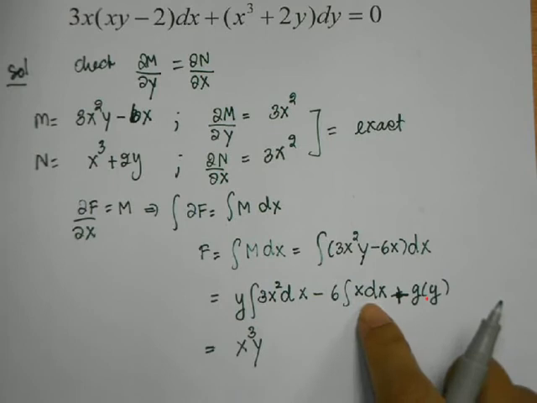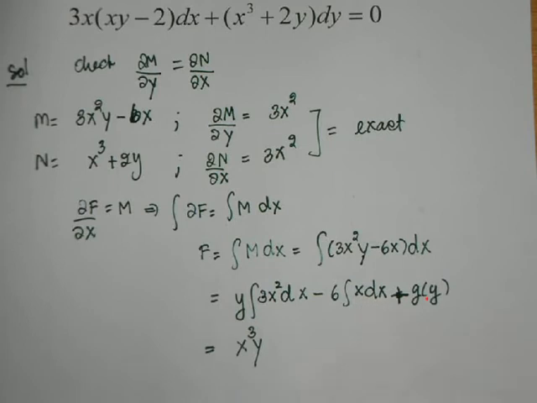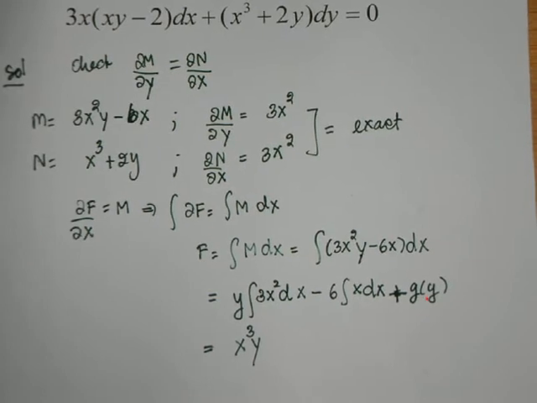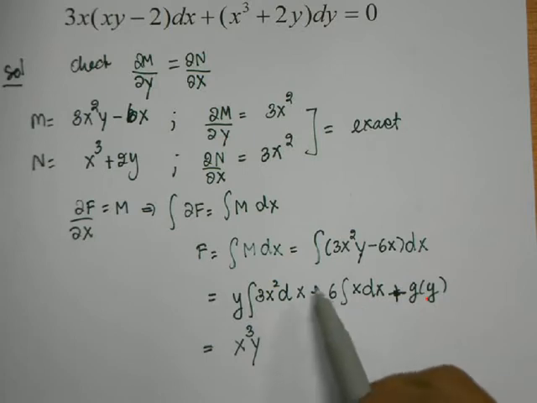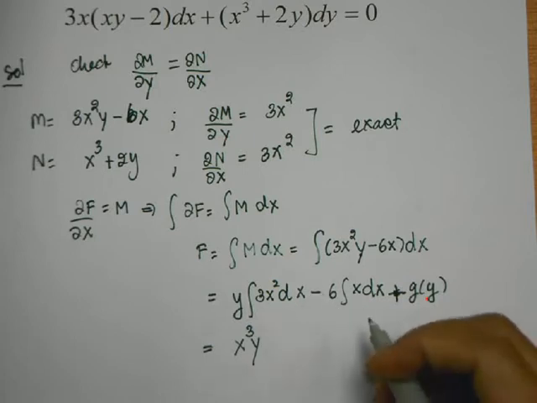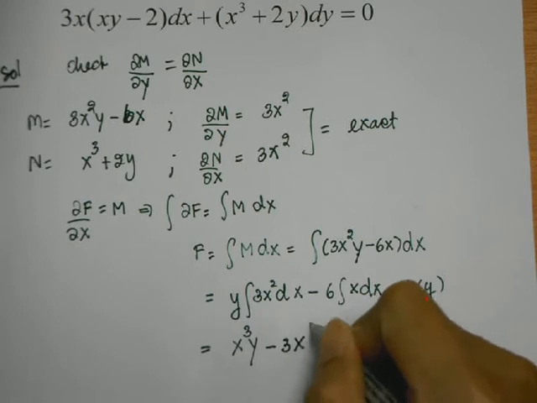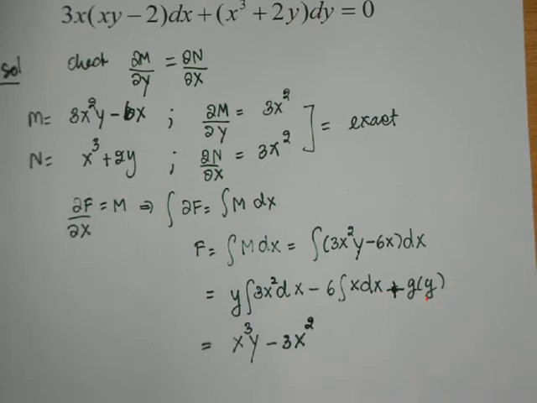Integral x dx is x squared divided by 2. 6 divided by 2 is equal to 3, so negative 3 times x squared plus g(y).